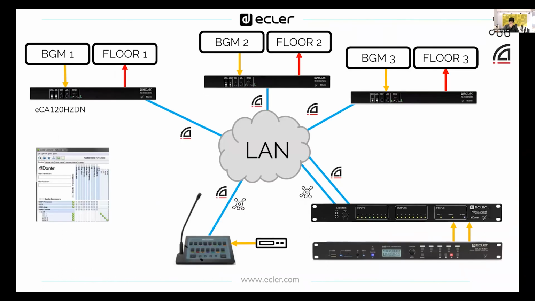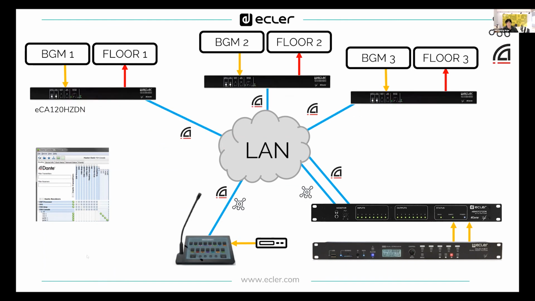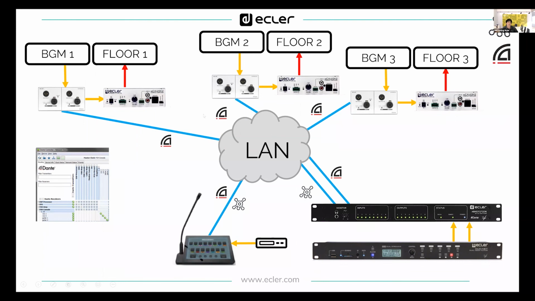If we get back to our example where we left it, instead of having an amplifier with a Dante receiver, we can use this, and it will be more or less the same price again.